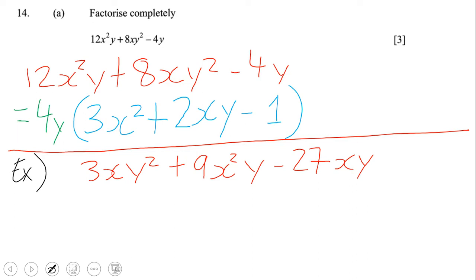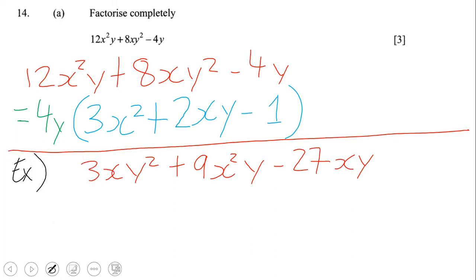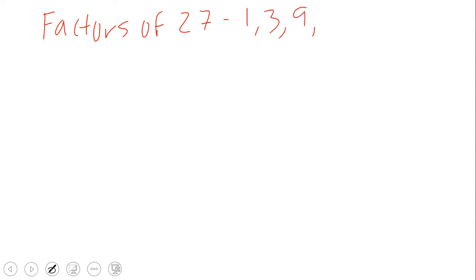So I'm gonna try it since we're taking so long with this. What is the greatest common factor? What are the factors of 27? 1, 3, 9, 27. I don't know of any other ones.